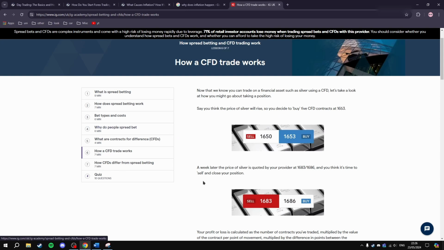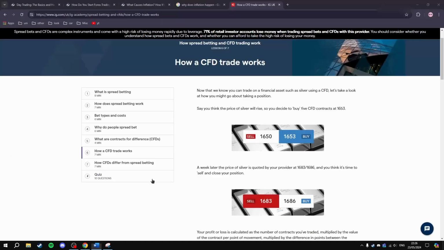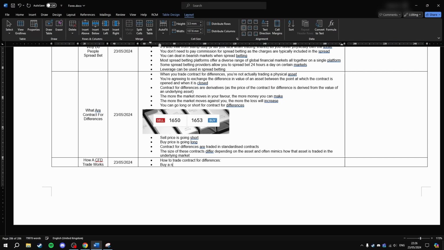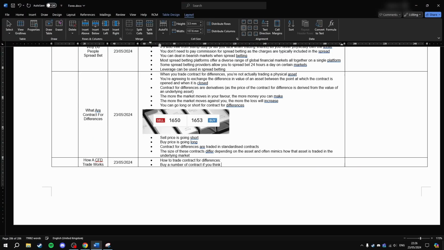Right, okay, so how to trade contract for differences. Buy a number of contracts if you think the asset's value will rise.